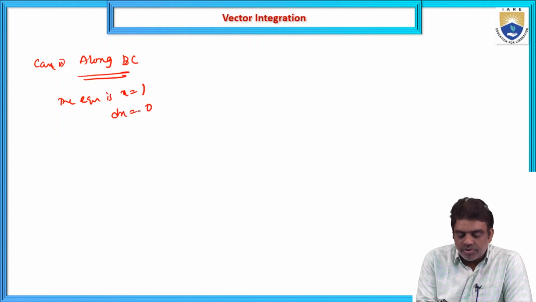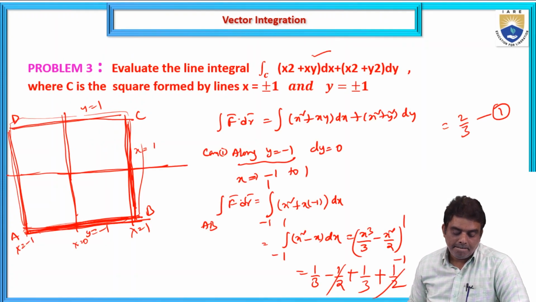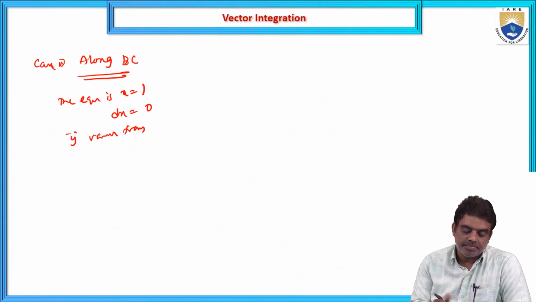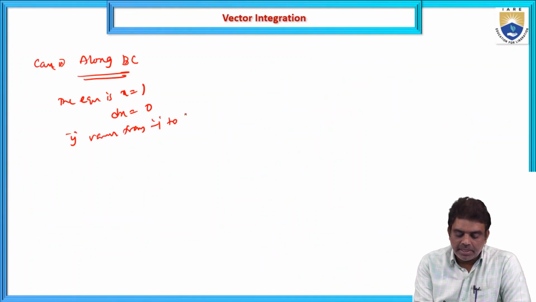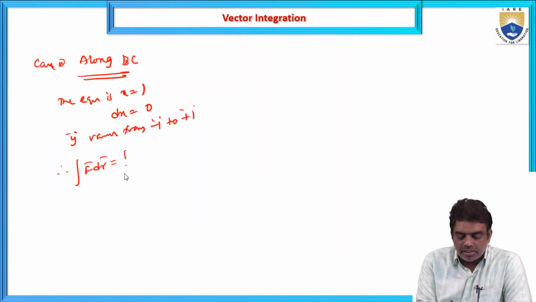So dx is equal to 0. But y varies from minus 1 to plus 1. Therefore, integral f bar dot dr bar is equal to integral.